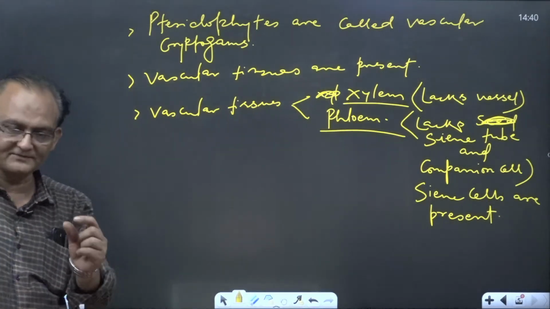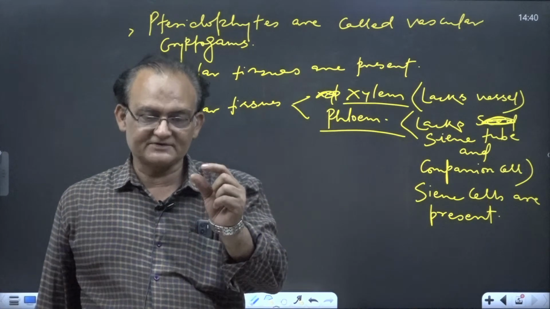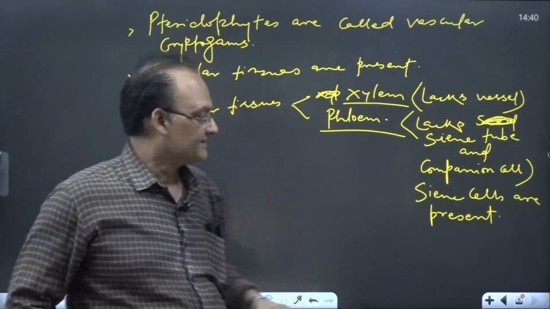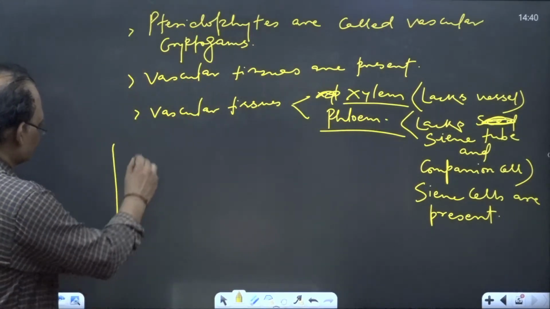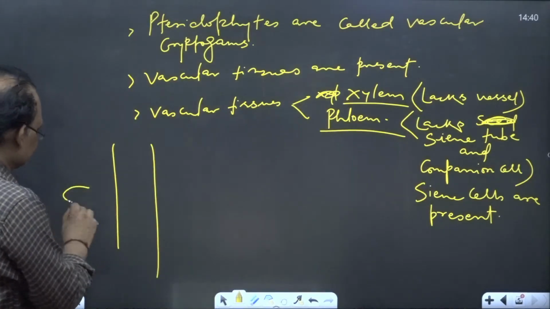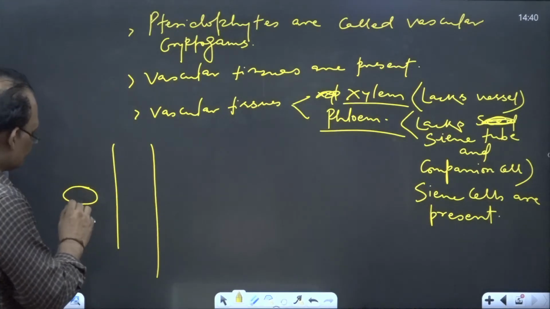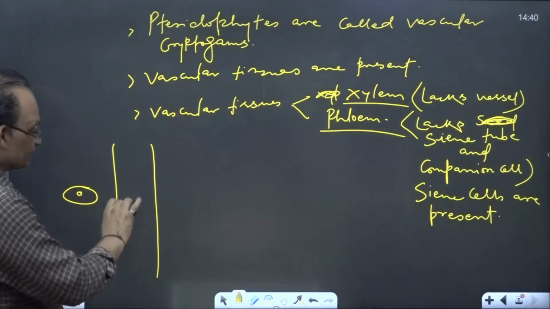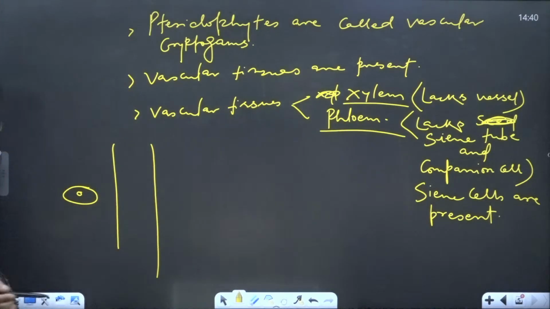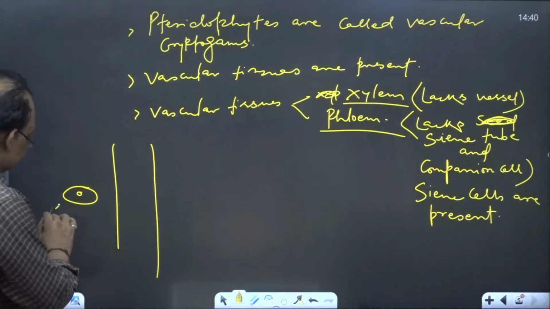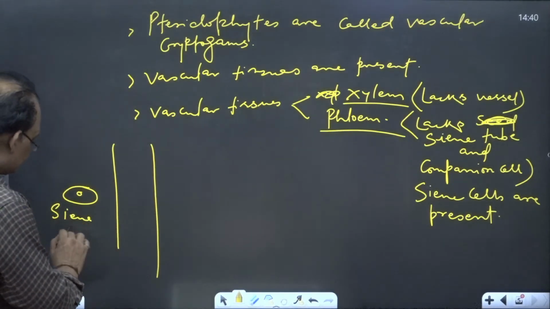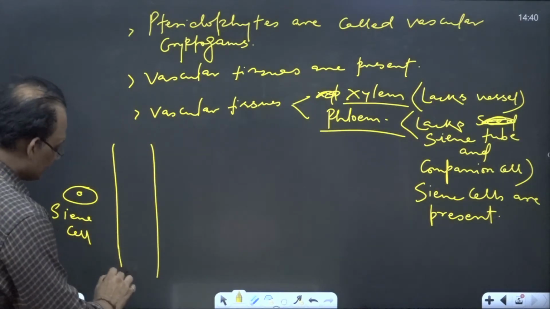Sieve cells are primitive structure. Sieve tube is a developed structure. So like जैसे this is sieve tube and sieve cells are a small structure like this, है ना? So this sieve cell contains nucleus, but sieve tube does not contain nucleus, right? So this is sieve cell. This is sieve tube.